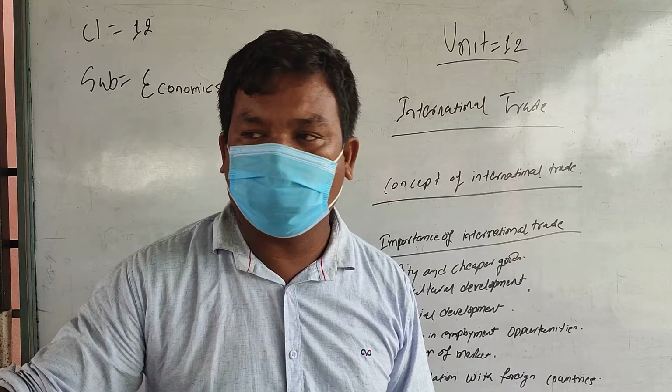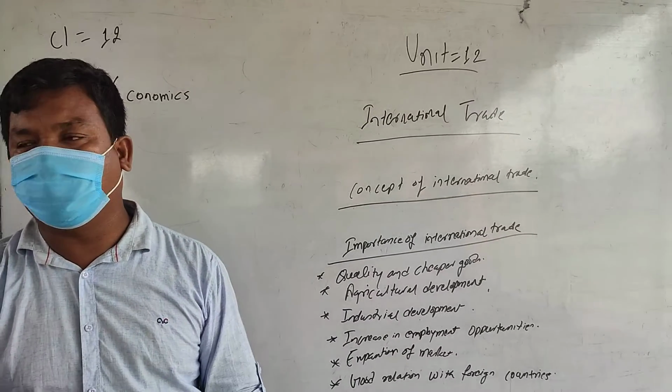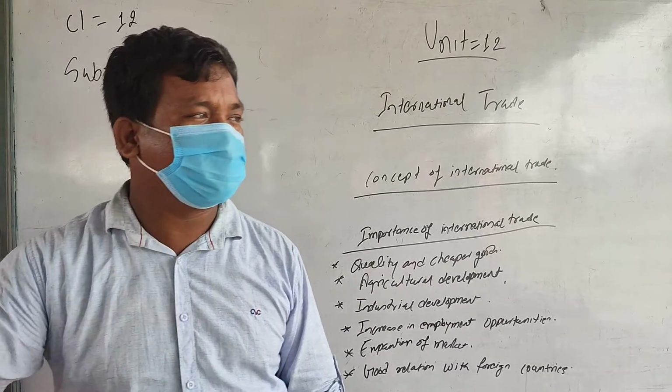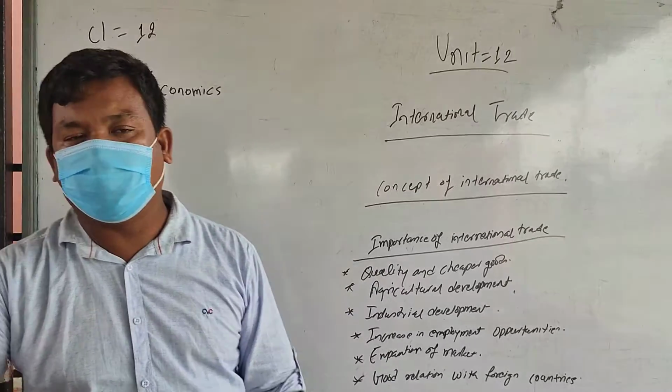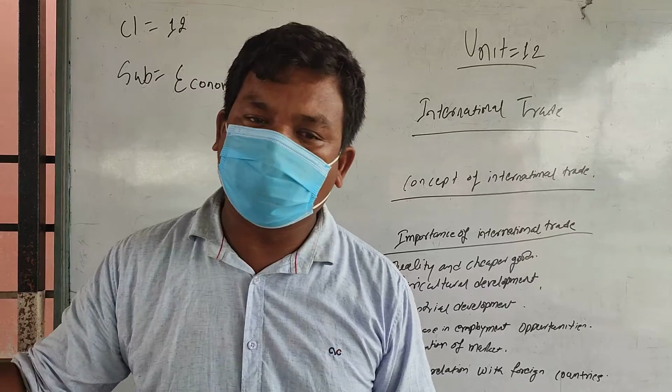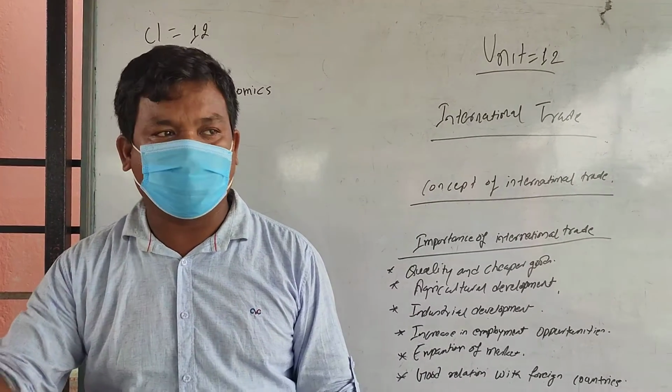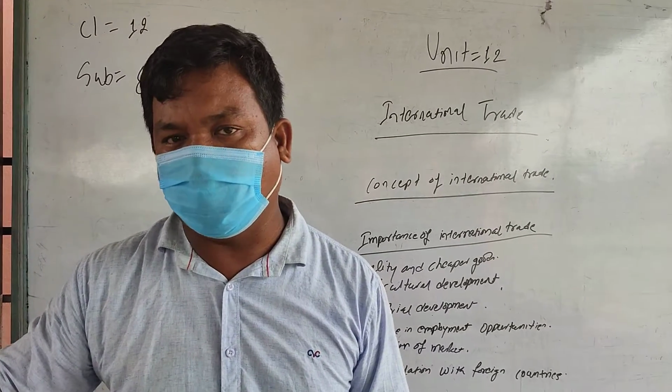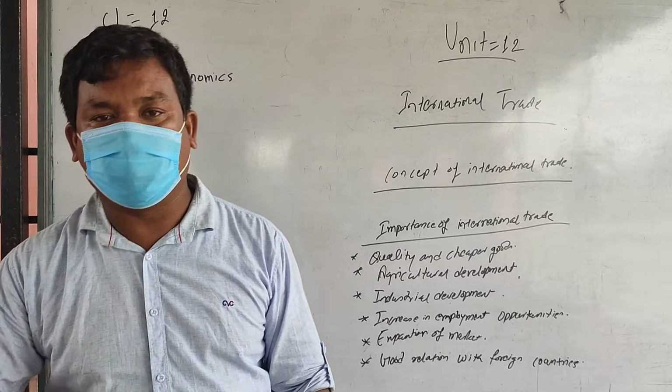When they are done with the people of two different countries, the goods which are unavailable in one country can be fulfilled by importing goods from another country. That helps the people to fulfill the needs of their lives, their daily needs.